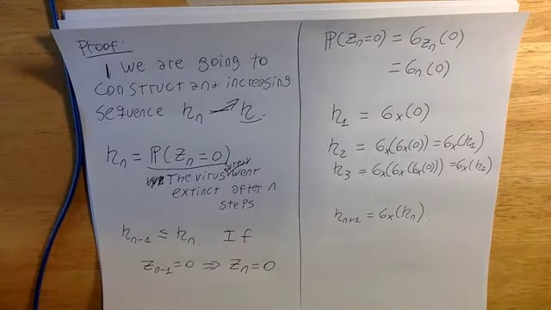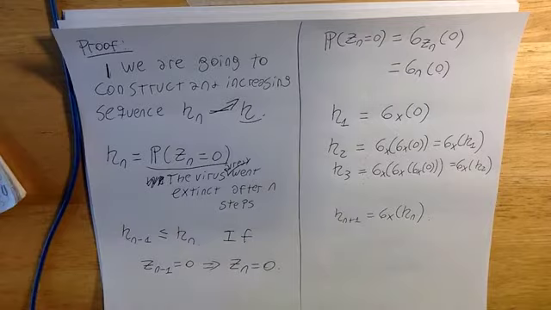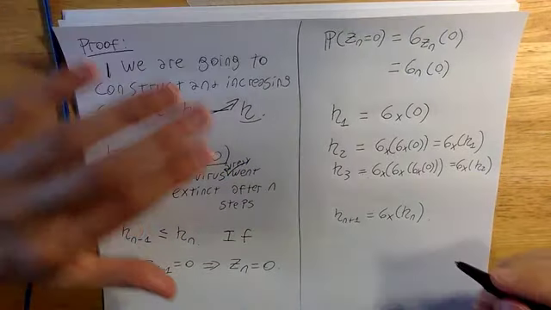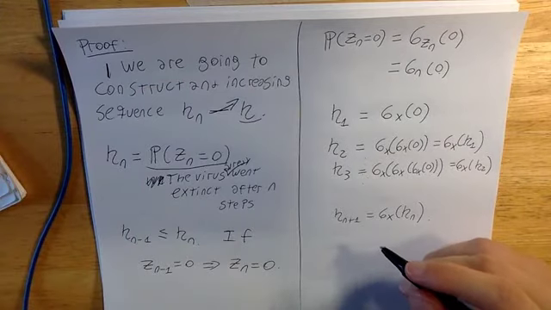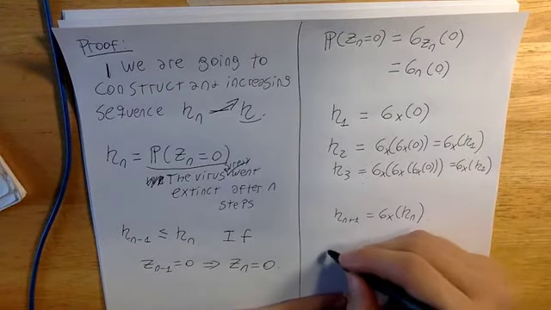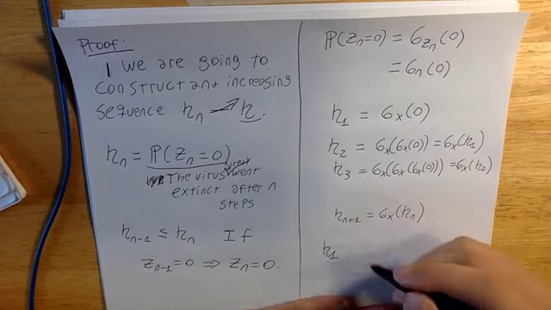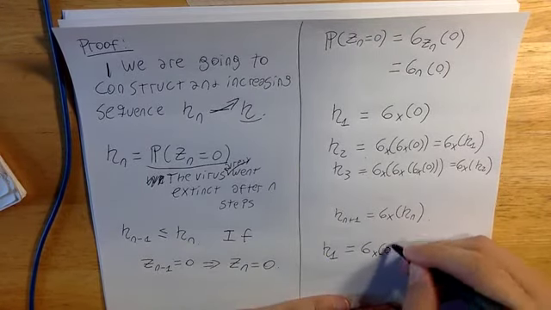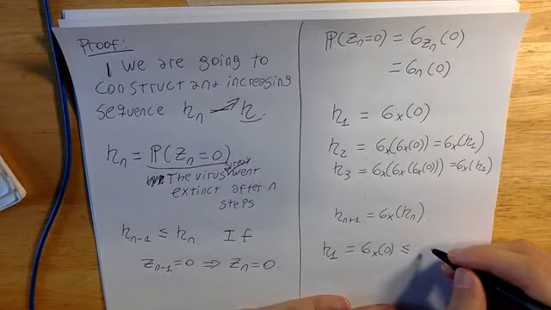So let's take what we know, that η₁ = g(0), is equal to g_X(0), which is less or equal.